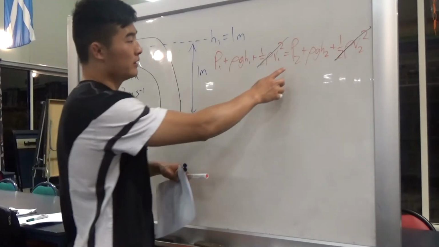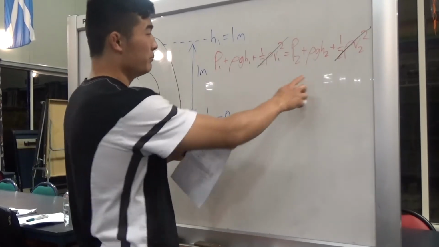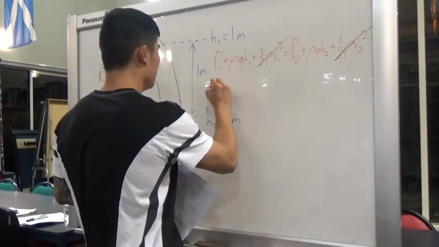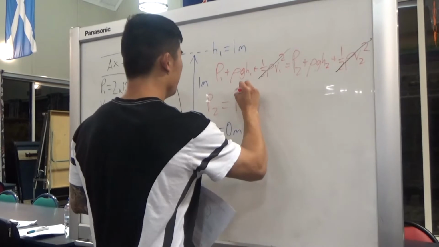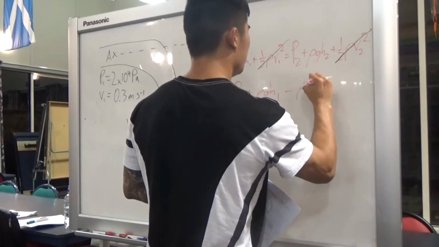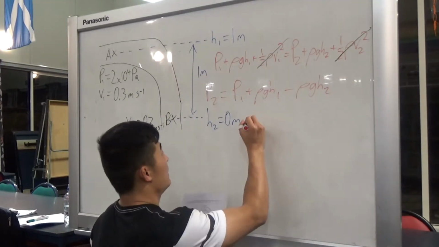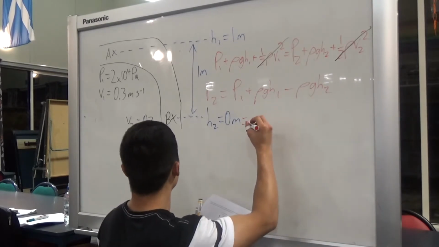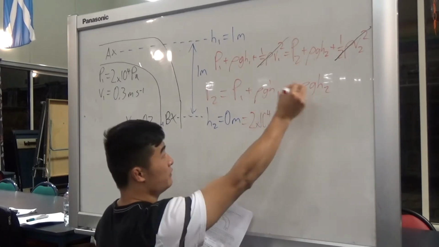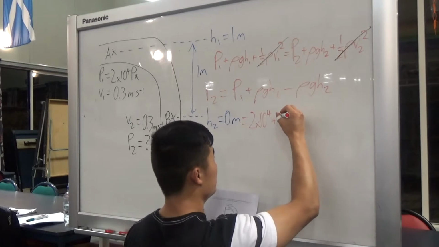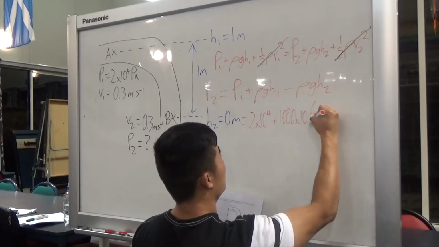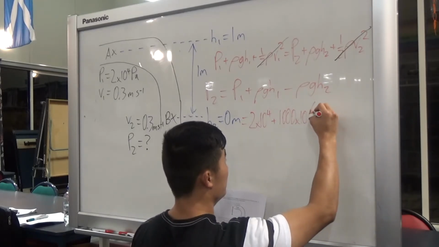Again, we want P2, so we're going to minus rho GH2 from both sides. Then P2 will be on its own. P2 equals P1 plus rho GH1 minus rho GH2. So P1 is 2 times 10 to the 4, plus, factorizing, rho G: 1000 times 10 and H1.